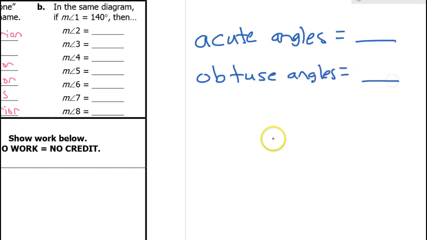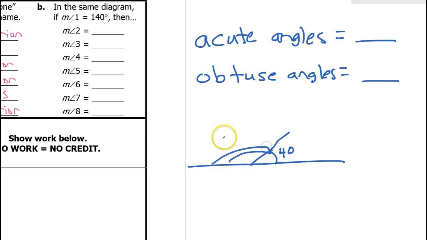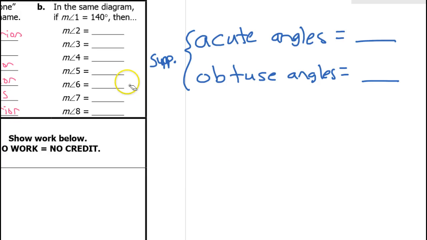And by the way, the acute angles and the obtuse angles are going to be supplementary. Like if I was told that the acute angle was 40 degrees, then the obtuse angle would be 140 degrees because they have to add up to 180. So together, these should be supplementary. Okay? So that's what I'm looking for.